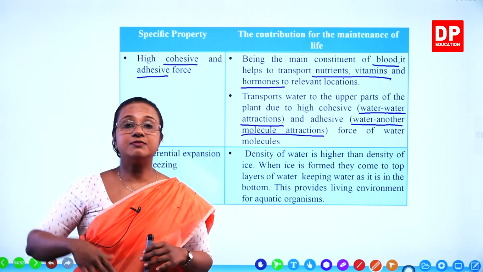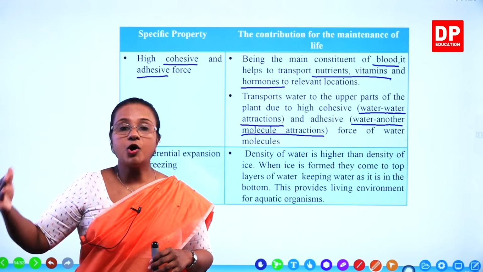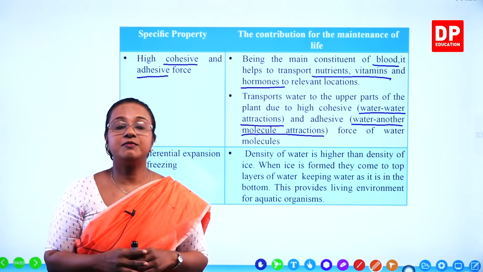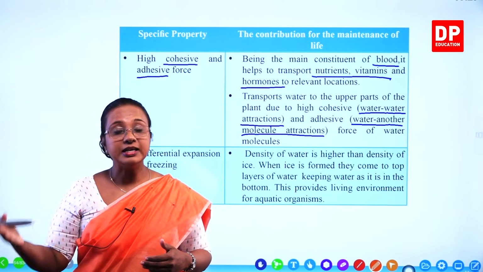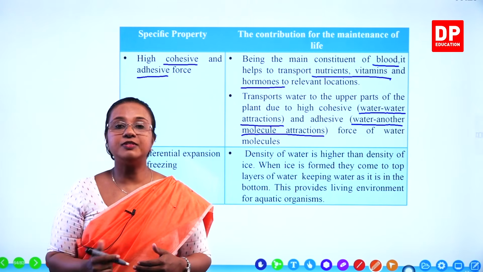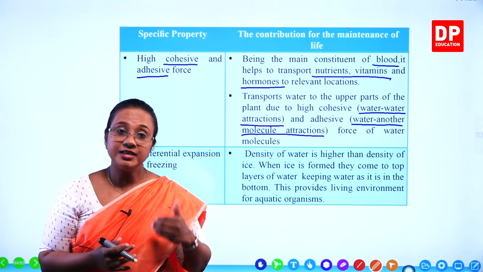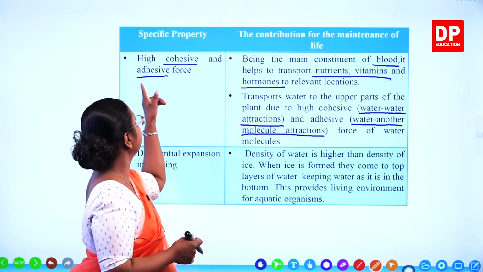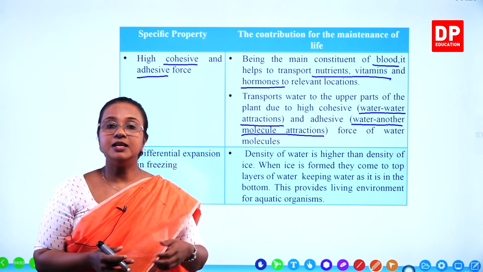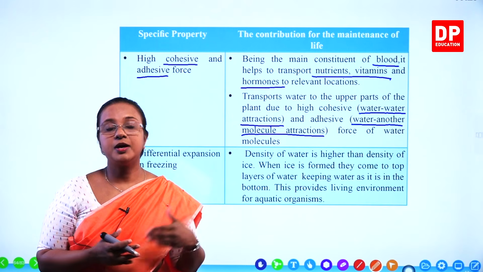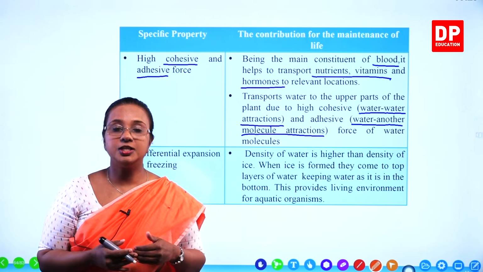And if it is a very tall plant, the water has to be taken up with very high force, and that also against gravity, the pull of the earth. So, for this, the high cohesive and adhesive forces of water help in pulling the water up through the transport tissue.